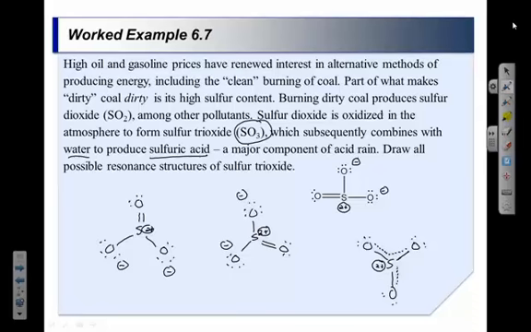Well, if we look at one oxygen at a time, this oxygen has a -1 in that structure, a -1 in this structure, and no formal charge in that structure. So 2 out of 3 of the structures have a negative. 2 out of 3. So that's a -2/3 of a charge. It's the average.